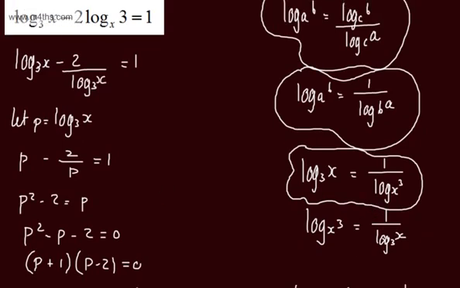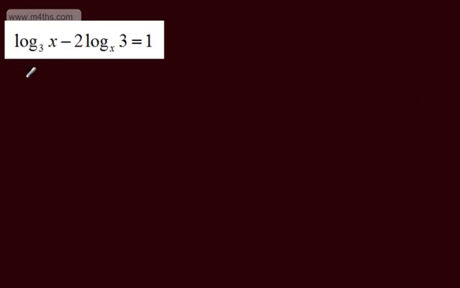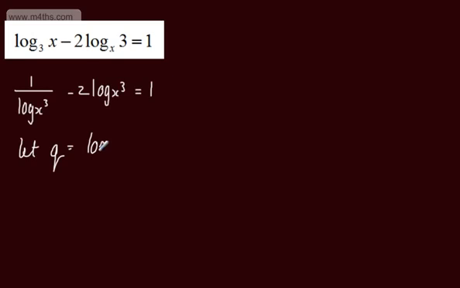If I went the other way, I can write this here as 1 over log to the base x of 3 minus 2 log to the base x of 3 is equal to 1. So let's let q be equal to log to the base x of 3.